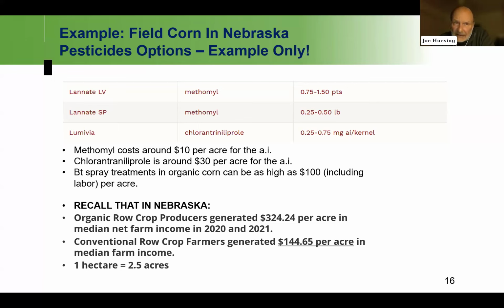If I had an organic field, again, its value is much higher. Well, okay, it's more expensive to treat. It's around $100 per acre. So the idea here is you have to understand your clientele. You have to understand what crop they're growing. You have to understand its value and then apply the mitigation choices as a function of what the return on their investment is. Next slide, please.